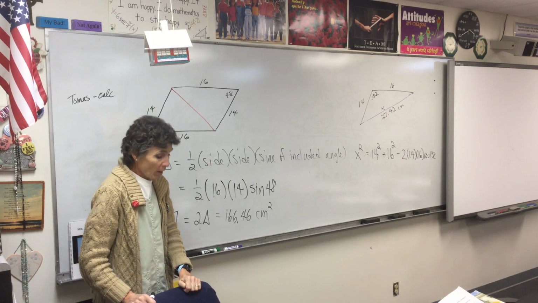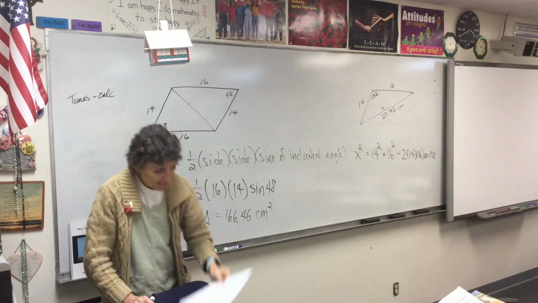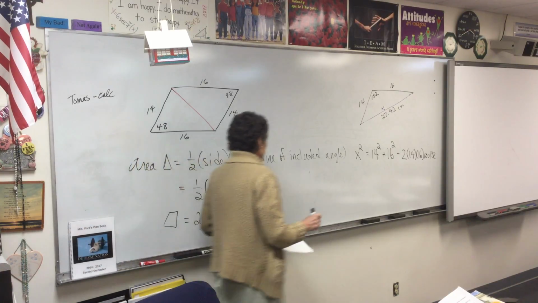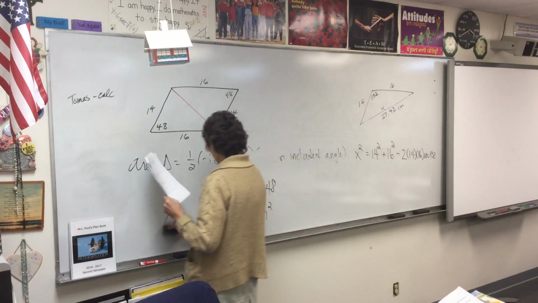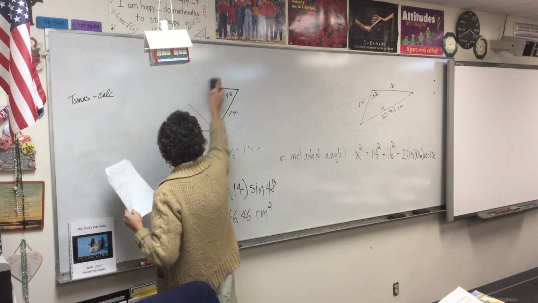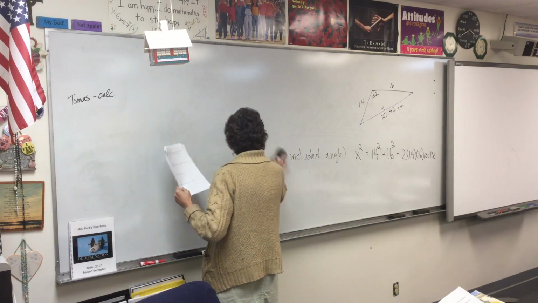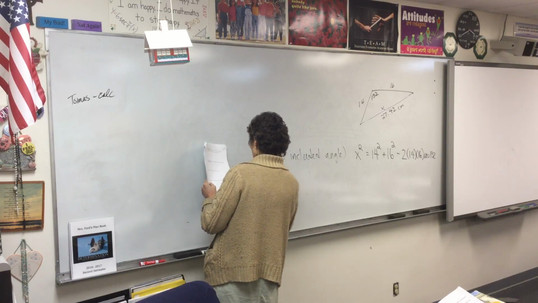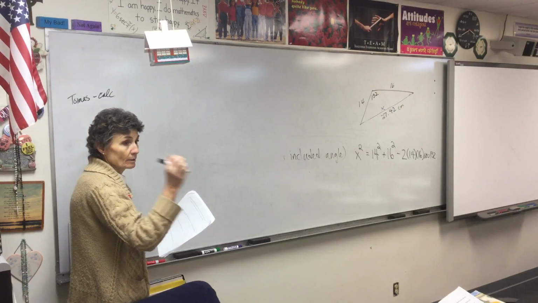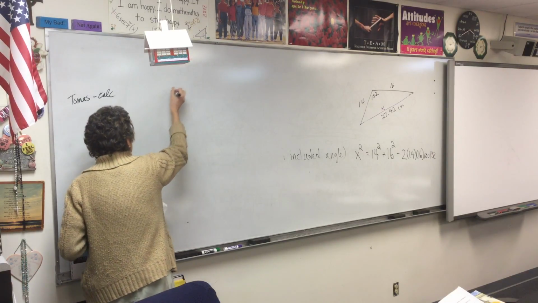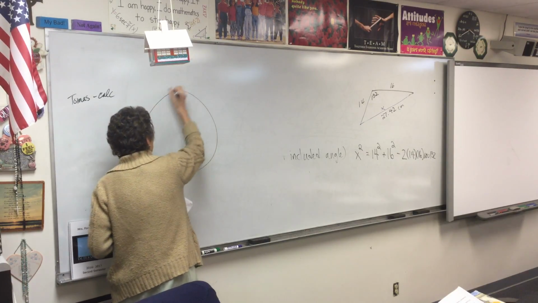All right, one more problem. Find the area of a regular pentagon inscribed in a circle with a radius of 28. Okay, so here's our circle.